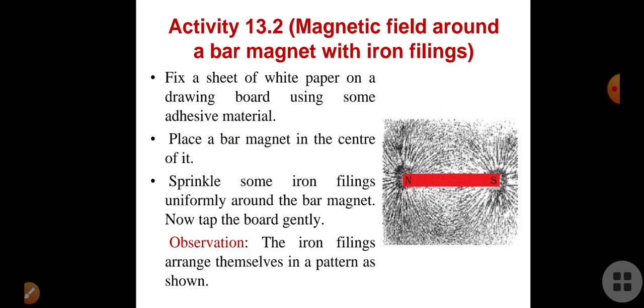So this is because of the magnetic field of this bar magnet, and according to the direction of the magnetic field, these iron filings, iron powder, have arranged themselves.